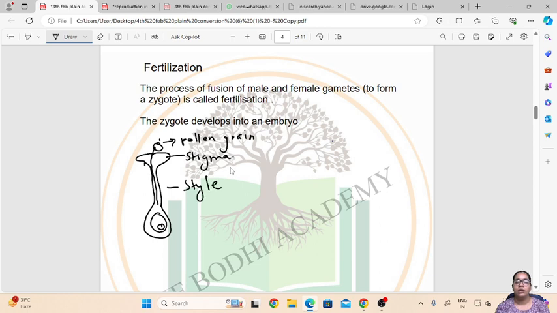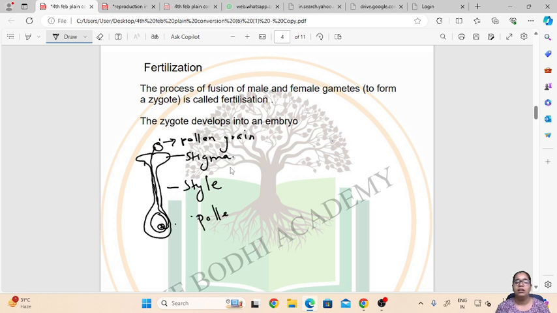So the pollen tube travels down the style with the nucleus from the pollen grain, which will travel through this pollen tube, and then it enters the ovule inside the ovary. So this pollen tube will travel inside the ovary with the nucleus and then it will fuse with the ovule.